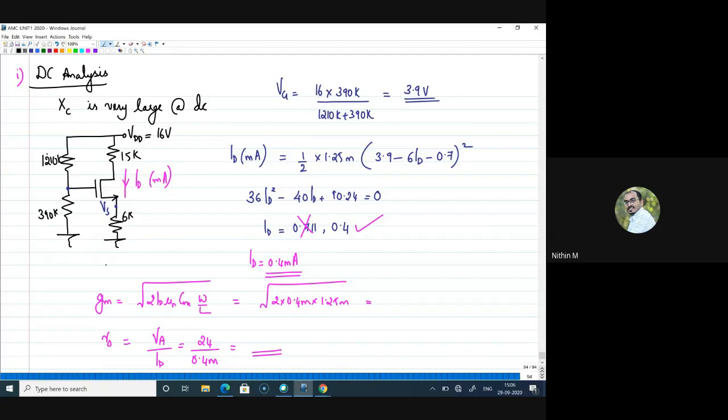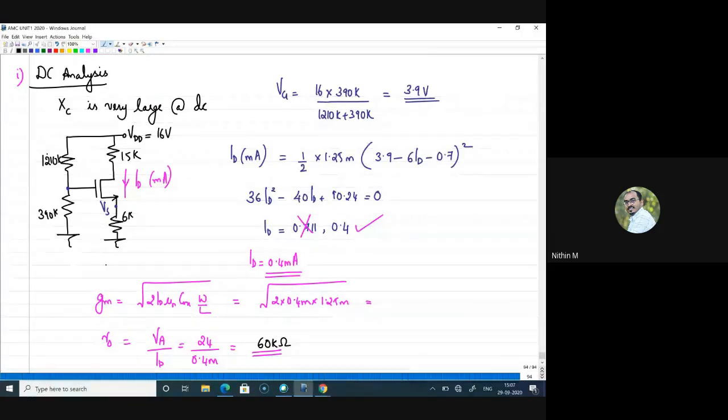Can I get the answers for GM and R naught? R naught is 60. It should be 60 kilo. Yes, it is 60 kilo ohms, right? Correct, Ashwit.